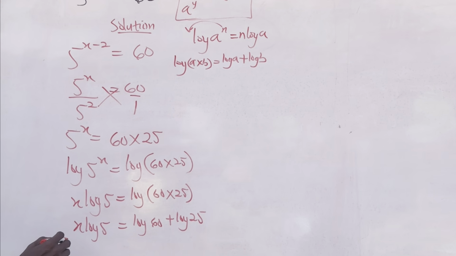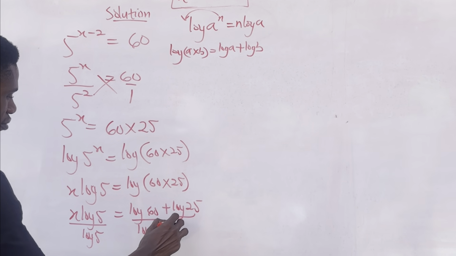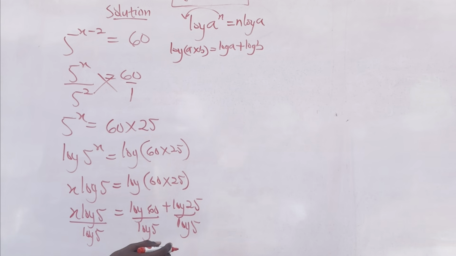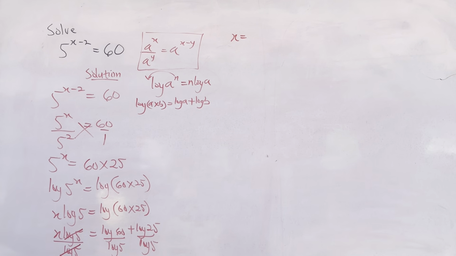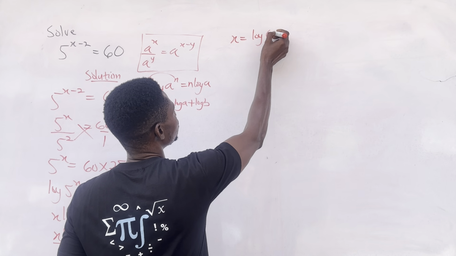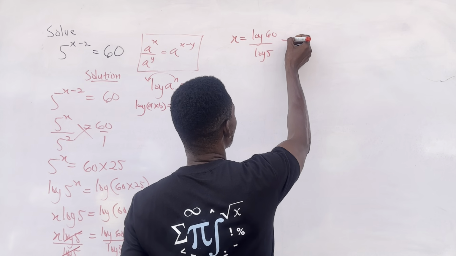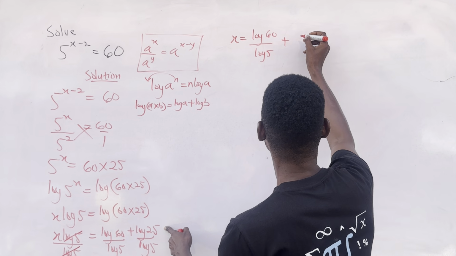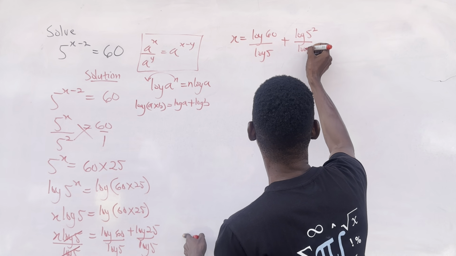So from here we can divide throughout by log 5. So let's move up there. This will cancel this, and then we'll have x equal to log 60 over log 5 plus, watch, this 25 can be written as 5 squared, over log 5.